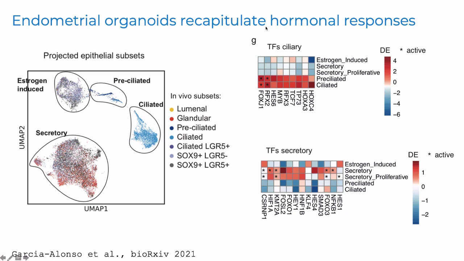To do that, on these subsets, we again calculated the transcription factors and their activities, and we could nicely validate that the same transcription factors that we showed respond in the ciliated lineage in vivo pop up here, and exactly the same happens with the transcription factors for the secretory lineage.